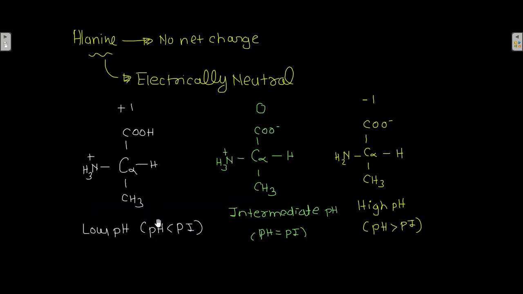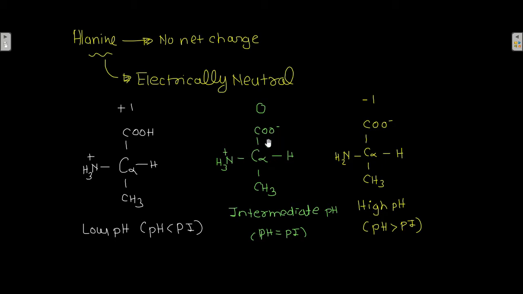So this is how it looks. At low pH, the carboxyl group is uncharged. But as you increase the pH, the carboxyl group is deprotonated, and that is the reason why it becomes negatively charged.